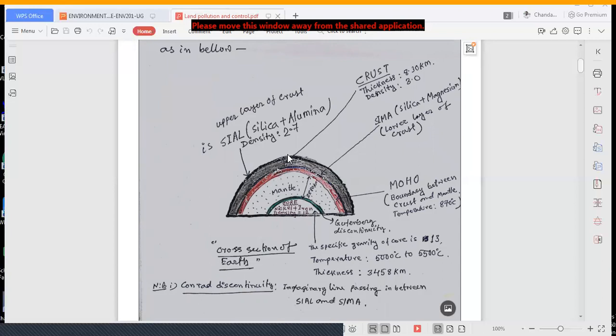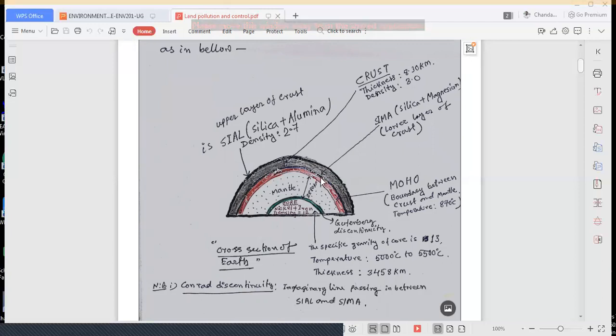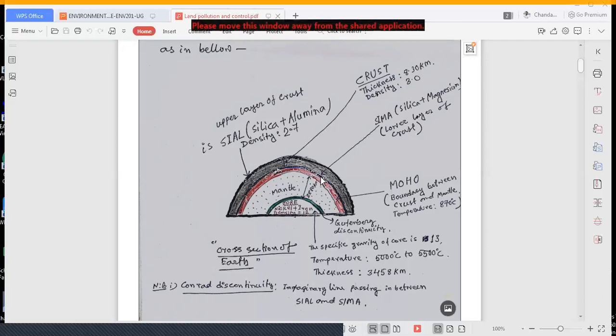The upper part is known as sial, and the lower part is known as sima. They have a maximum amount of silica and magnesium. So the main components of the upper part of our land are silica and aluminum, and the lower part of the crust is sima.